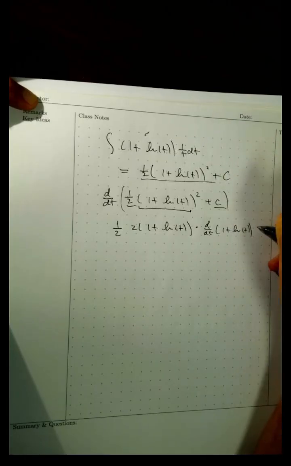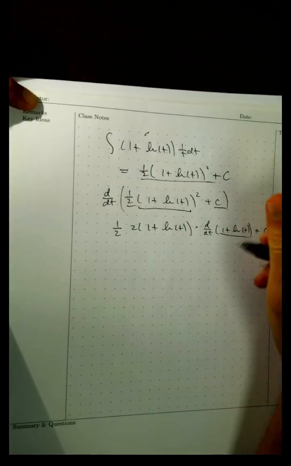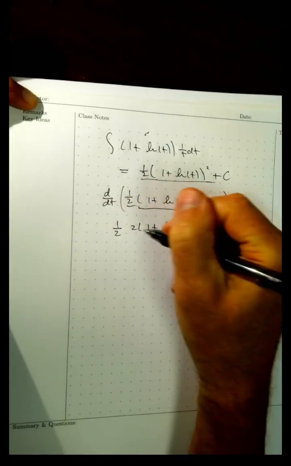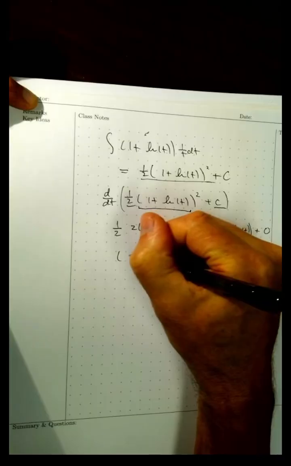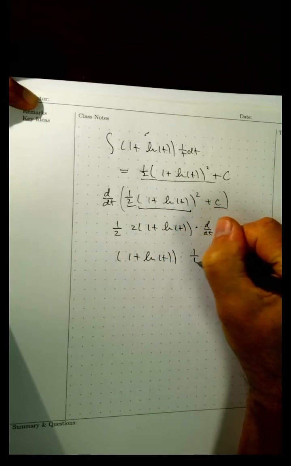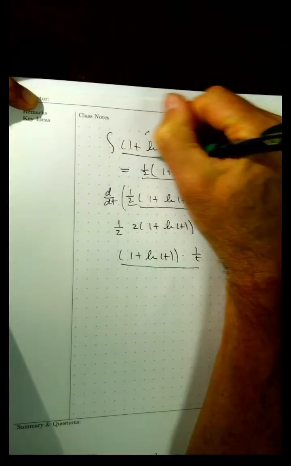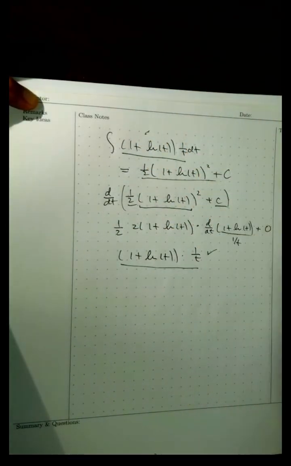And don't forget, I've got the derivative of a constant, which is 0. But we already said that this is 1 over t, so the 1/2 times 2 is 1. I get 1 plus log of t times 1 over t. And lo and behold, that is the same thing as what I have there. So that is the antiderivative.